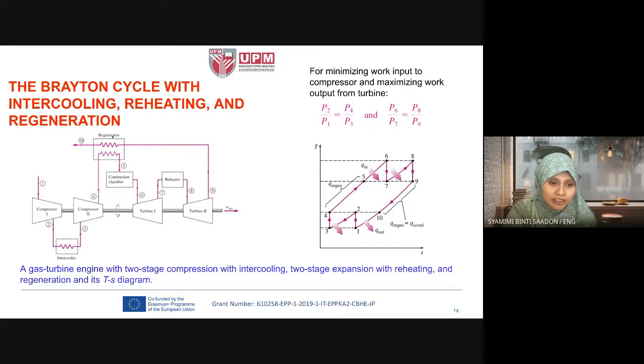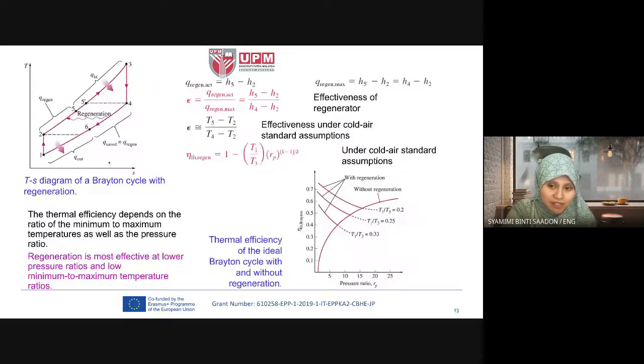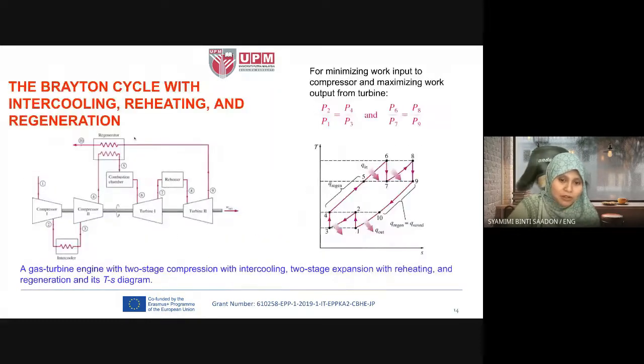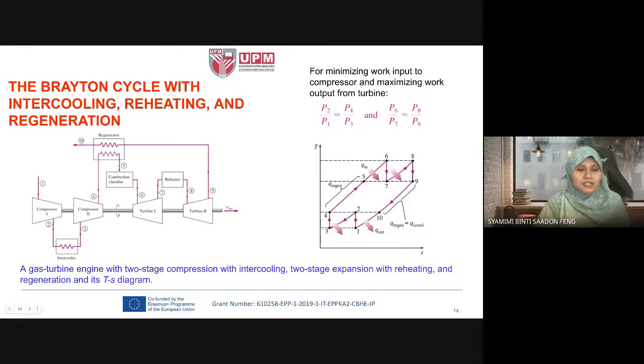So the function of regenerator we have seen just now. The function of intercooler: the location we place it is between the compressor stages. Usually we have a lower compression process and a higher compression process, two stage, at least minimum two stage compression.